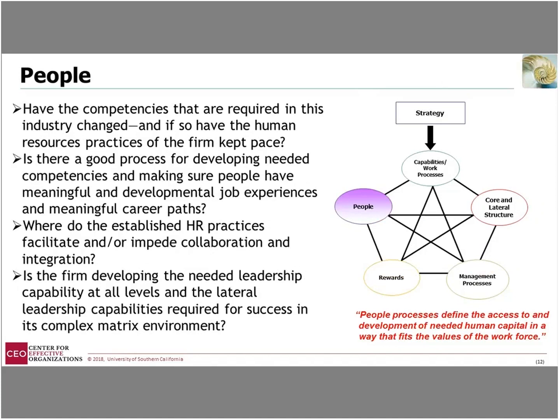Lastly, the last piece here is the people element of the STAR. And what we're trying to do here is look at the talent management process. In other words, how do we attract, develop, and retain the right skills and values in the organization? We want to bring people in that have the appropriate skills, competencies, knowledge, experience, and values that are going to fit with the design that we're putting together.